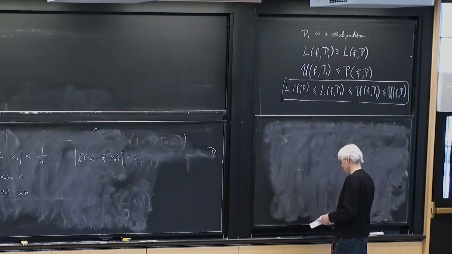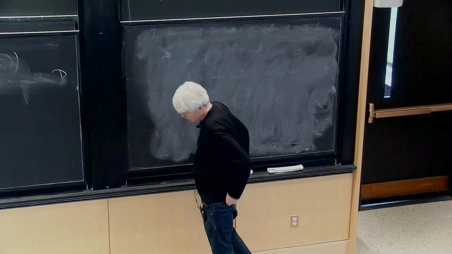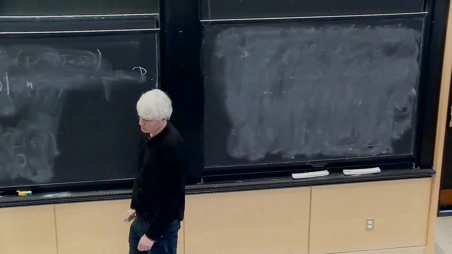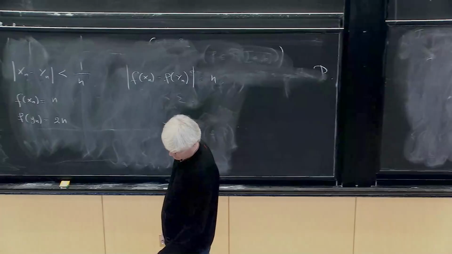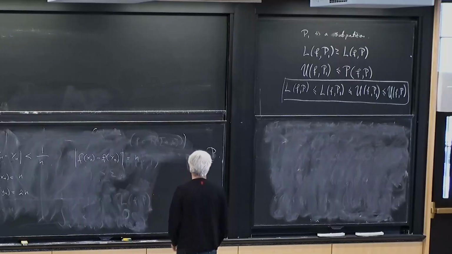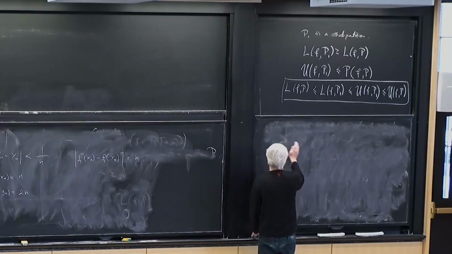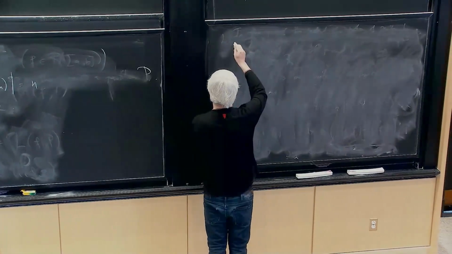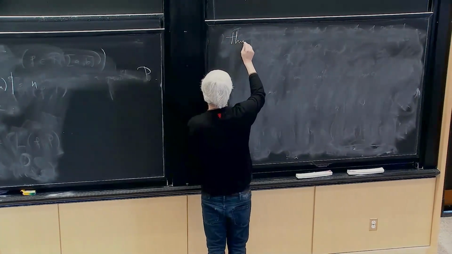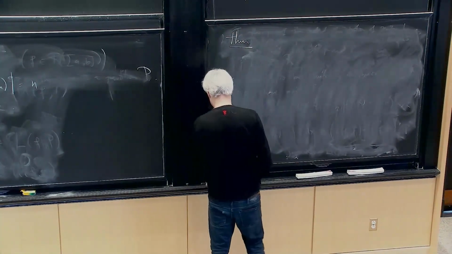And to prove that, we need this notion of uniformly continuous. So the first thing we want to prove is we want to upgrade continuity to uniform continuity. So what does that mean?